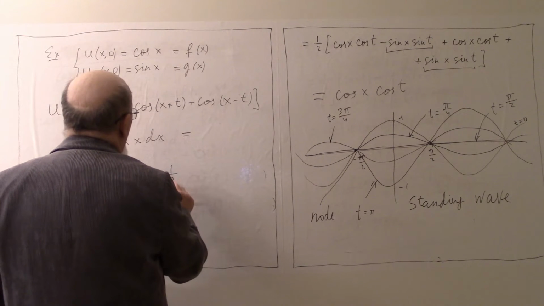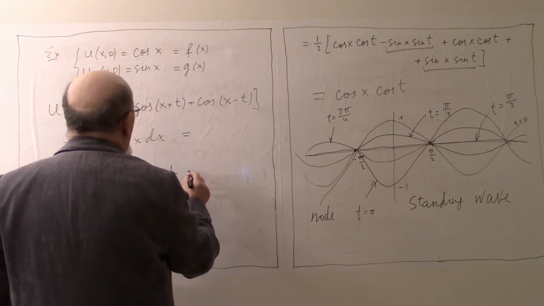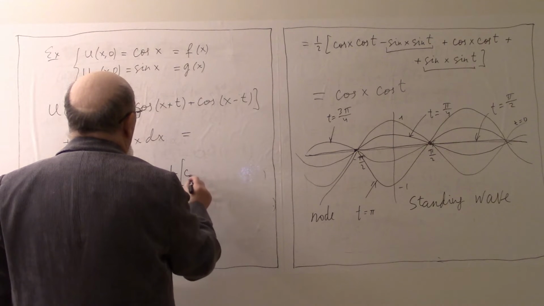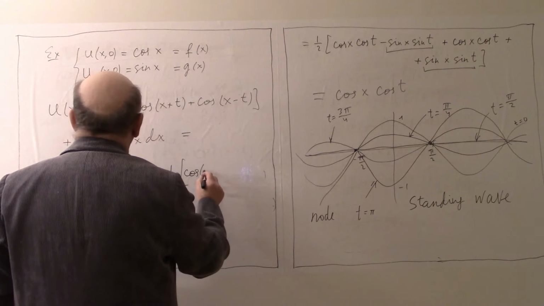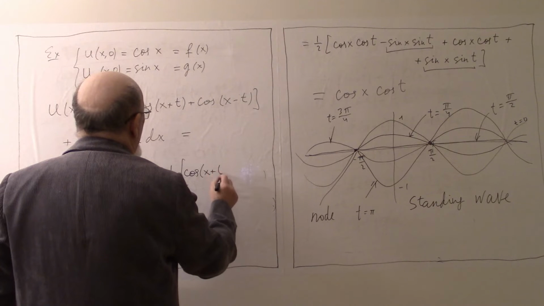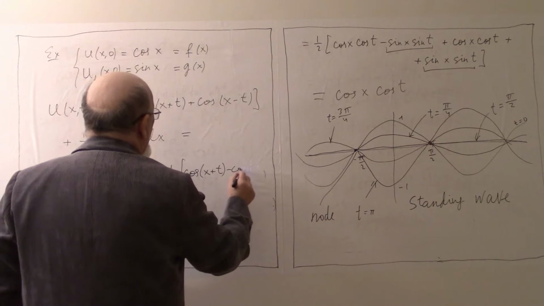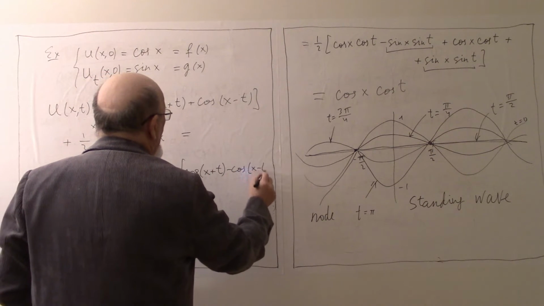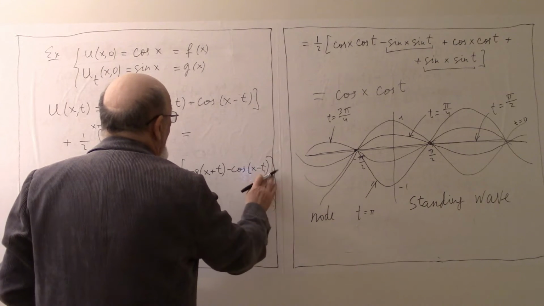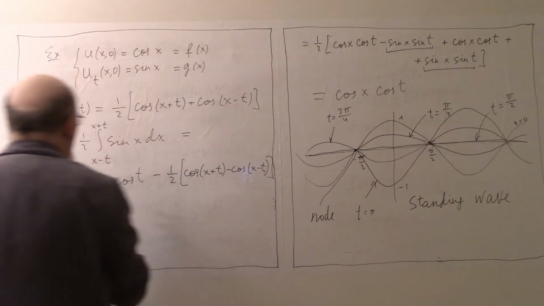Minus 1/2 cosine x plus t minus cosine x minus t, yeah?